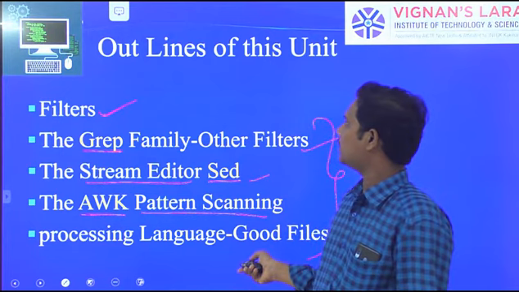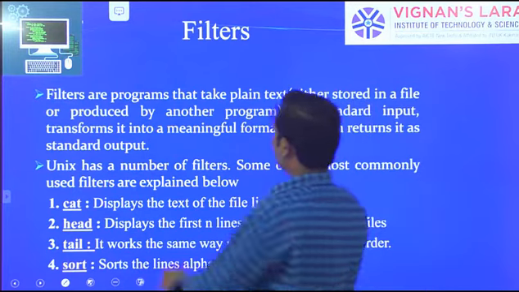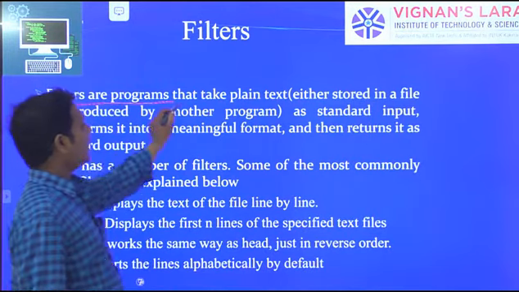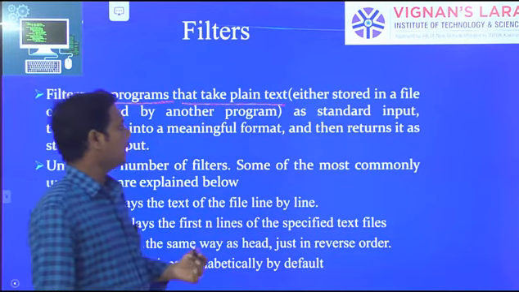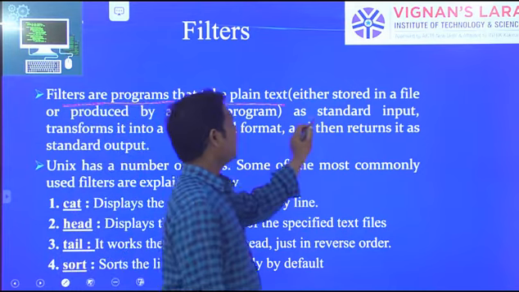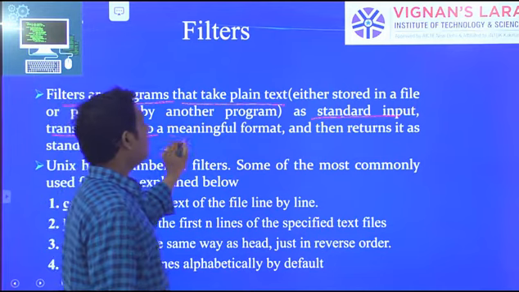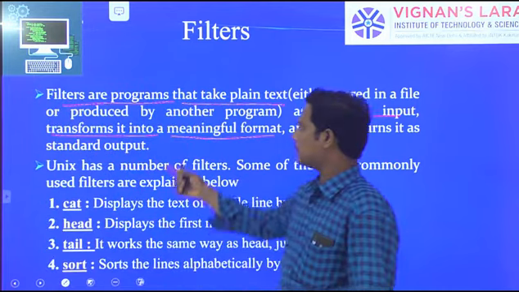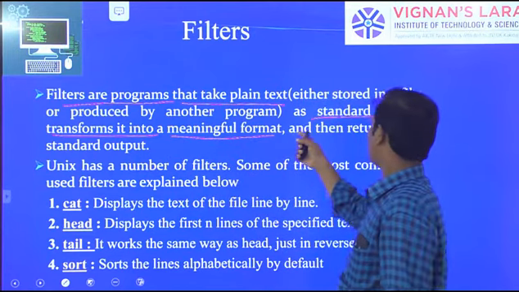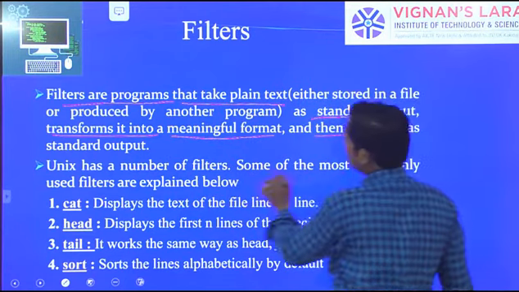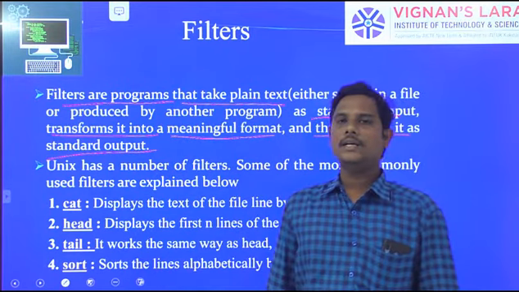First is the filter. What is a filter? Filters are programs that take plain text as input, the standard input, and transform it into a meaningful format, and then return it as standard output.